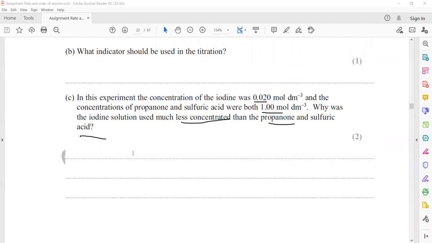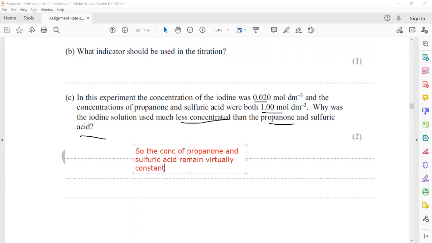So why are we using excess of these two? So the concentration of propanol and sulfuric acid or acid catalyst remain virtually constant.